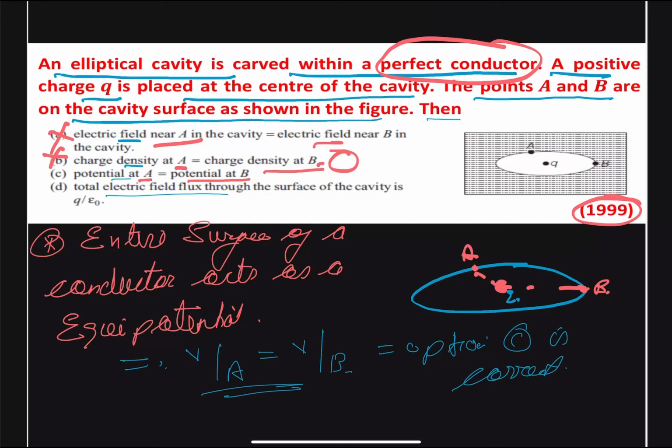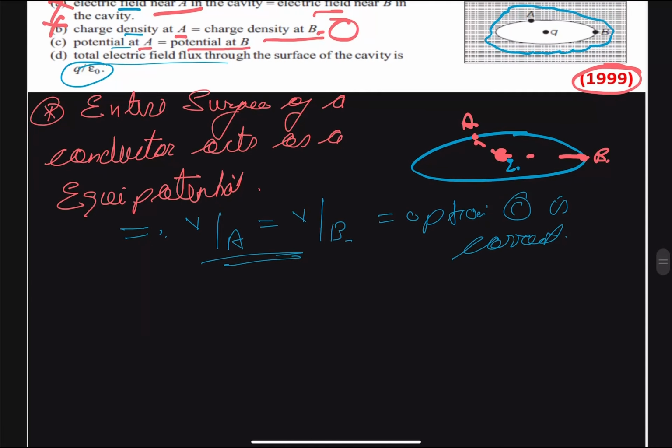Now we come to the last option, and it says that the total electric flux through the cavity is Q upon epsilon naught. And this is directly, you can say, using Gauss law. If we consider a Gauss surface which is something like this, then our flux will be equal to Q upon epsilon naught.